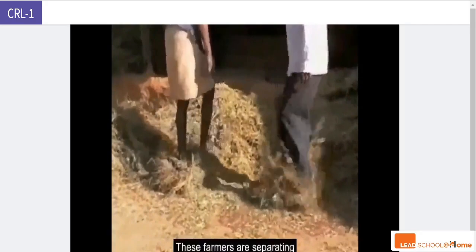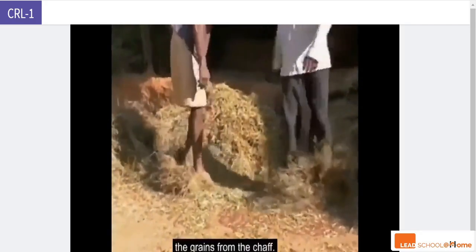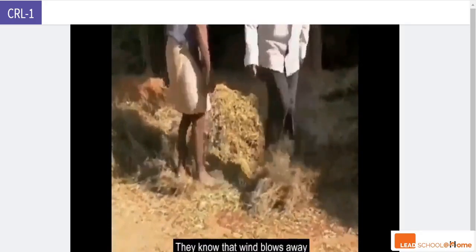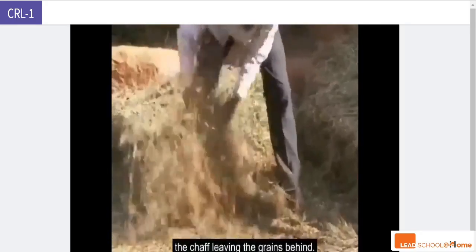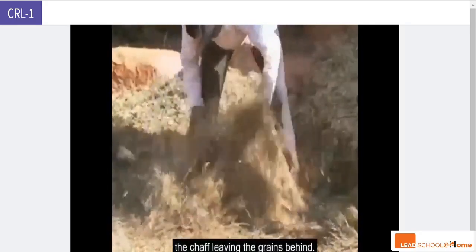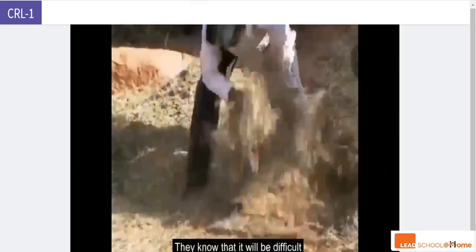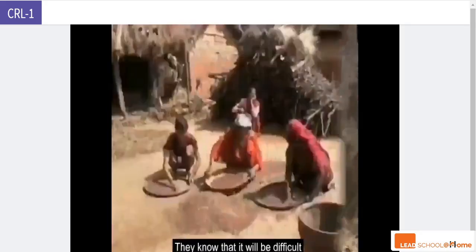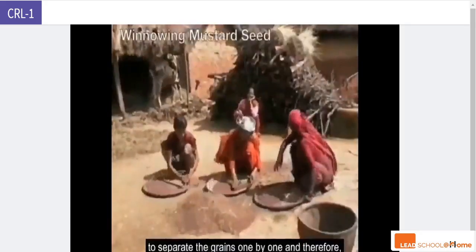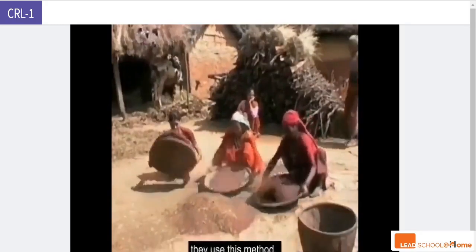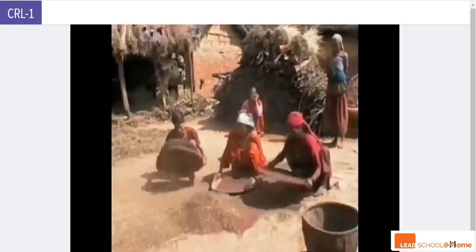These farmers are separating the grains from the chaff. They know that wind blows away the chaff, leaving the grains behind. They know that it will be difficult to separate the grains one by one, and therefore they use this method.